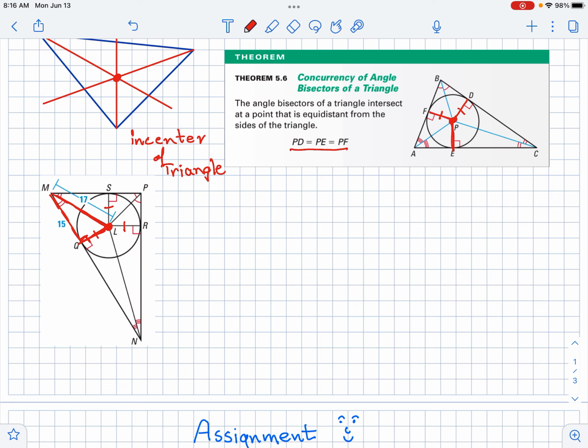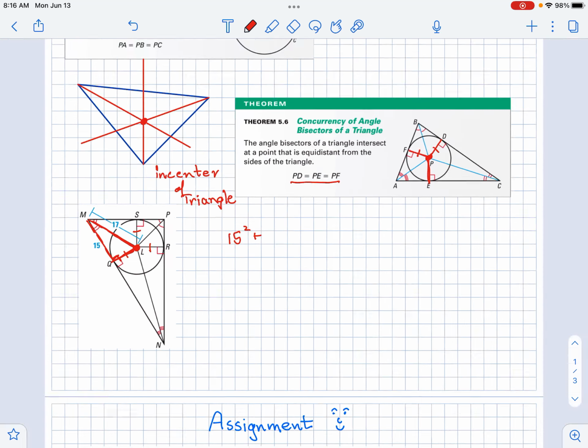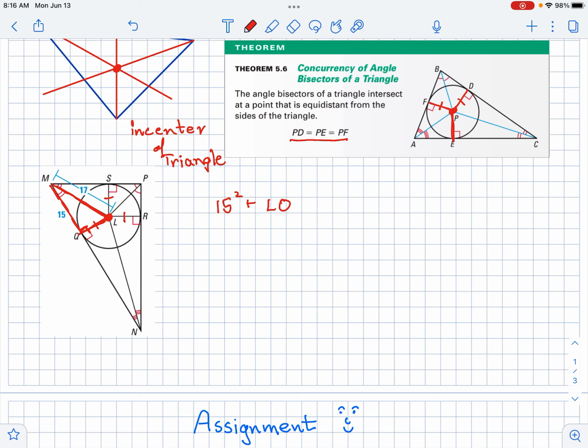So we have 15 squared plus LQ squared equals 17 squared. So we can figure out what LQ is. LQ squared is equal to 17 squared minus 15 squared. Then we can just take the square root of that, and if we do, we get LQ is equal to 8.